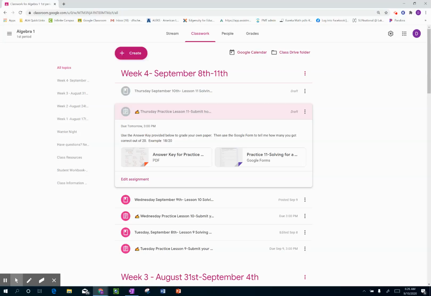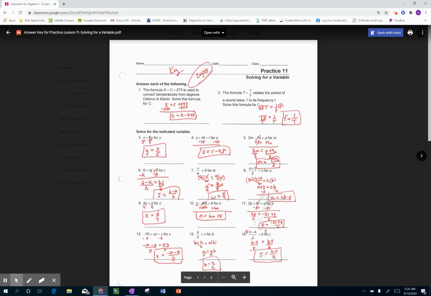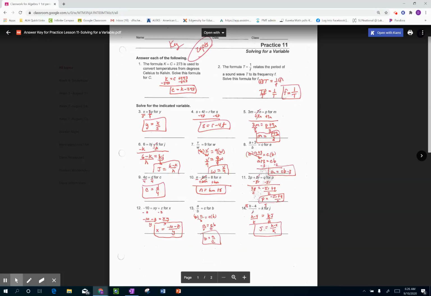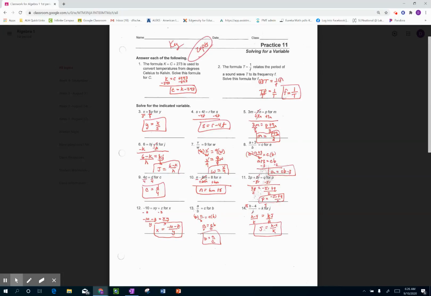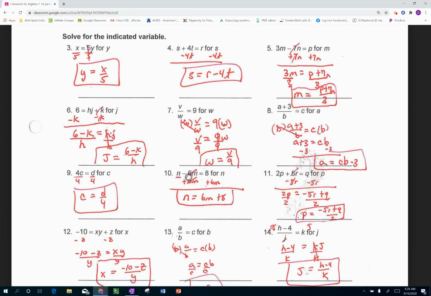I printed off the answer sheet for you because there's no way that I can put these answers into a Google form, because we've got numbers and letters and fractions and everything. I would have to take a picture of every single one of these problems. So as you go through these formulas, showing your work, and you can see all my work, in case you miss something, you can see where you went wrong.